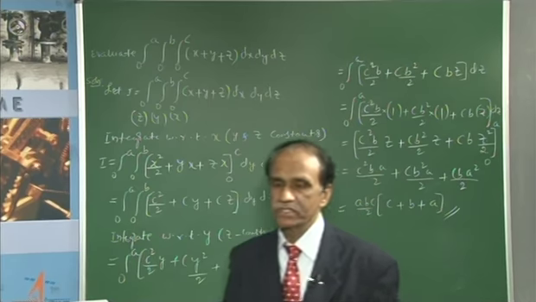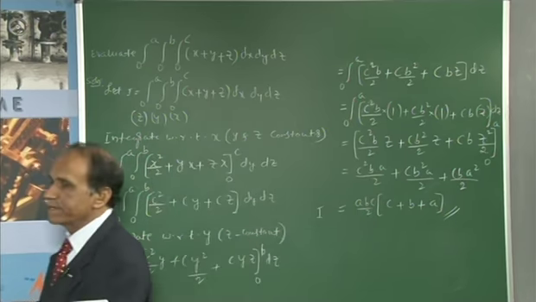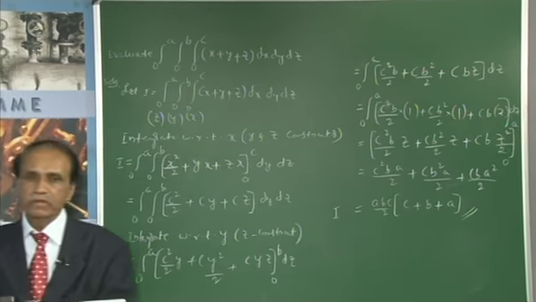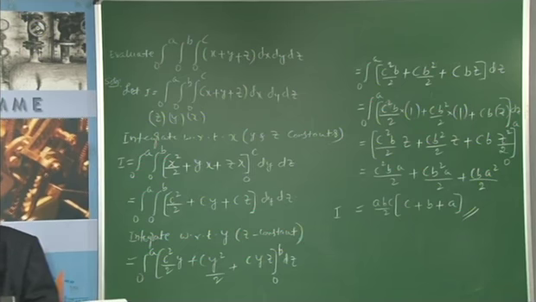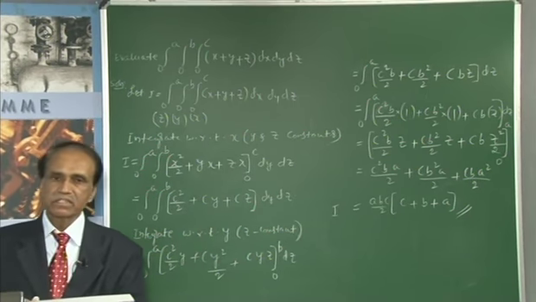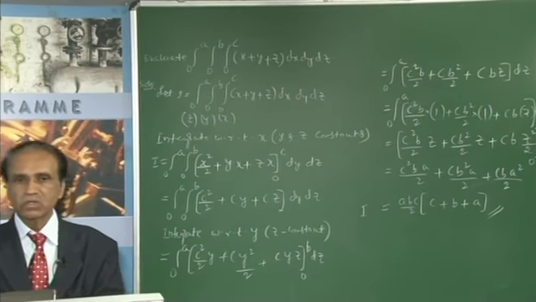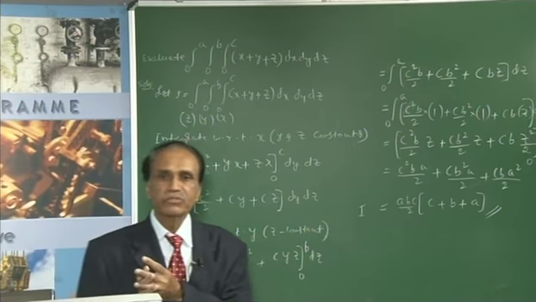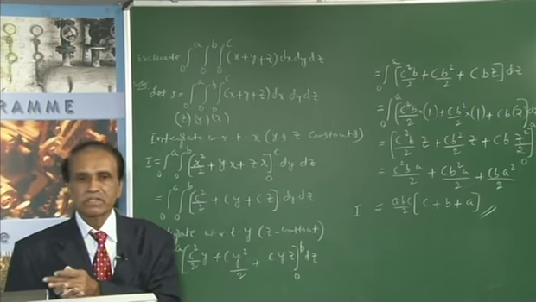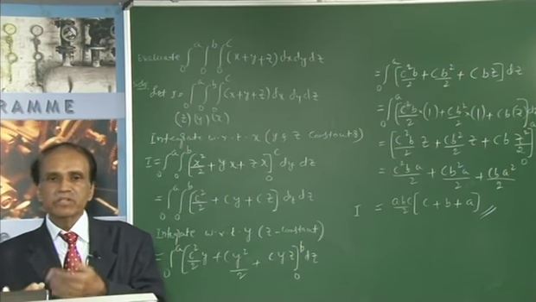This is your answer. This is the procedure that we are going to follow in the case of constant limits. Now for the variable limits case we are going to consider the very important situation, how variable limits will play their role. We have already discussed in double integrals how these variable limits are to be taken, in which order, that means which variable you have to consider first.